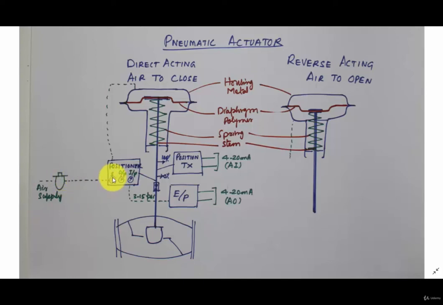There is a small gauge indicating the supply, and the input, meaning the electro-pneumatic converter output, 3 to 15 psi, so that we can see it as an input in the pressure gauge. Then the output, how much pressure it is giving to the diaphragm, is also shown in a small gauge. So all these things are required in this positioner.